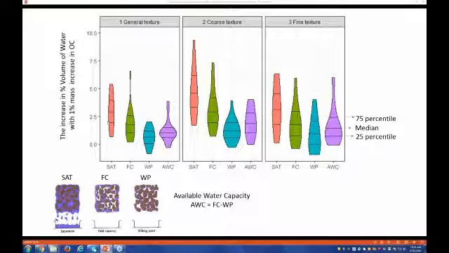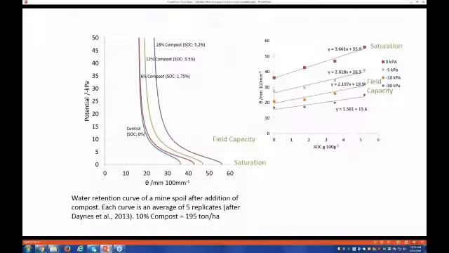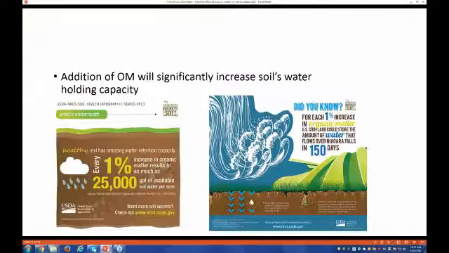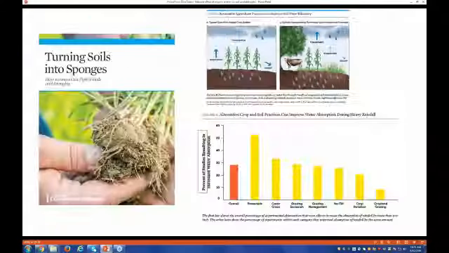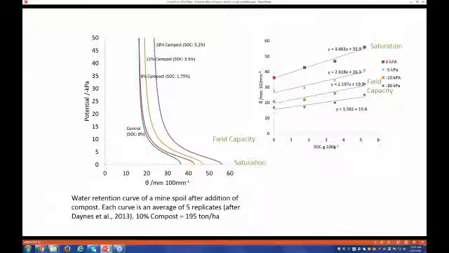Maybe I should repeat that. If you add 10% of compost, you'll see a large increase. But whether that is feasible under general farming practices, maybe under horticulture it's feasible, but under general practice, that's a lot of compost. A lot of money.